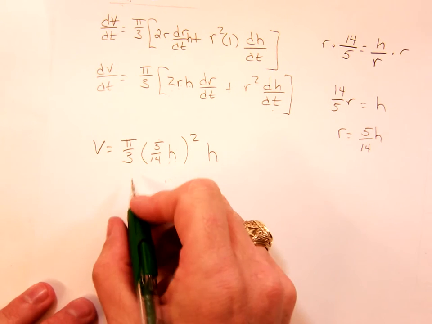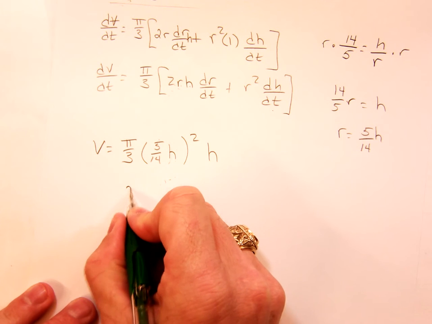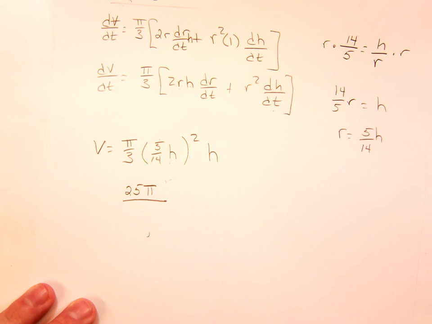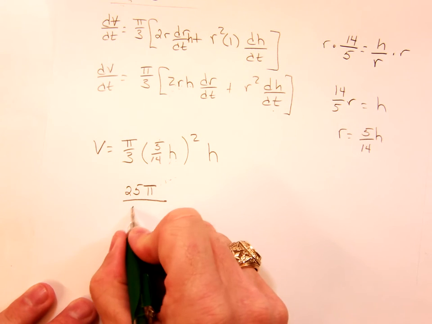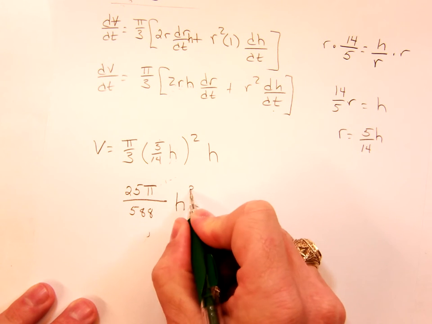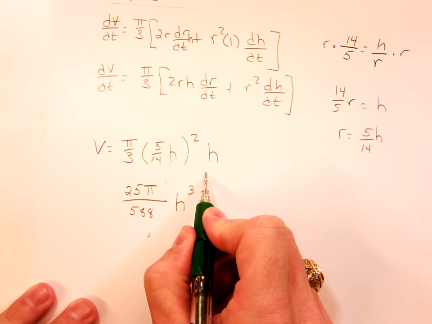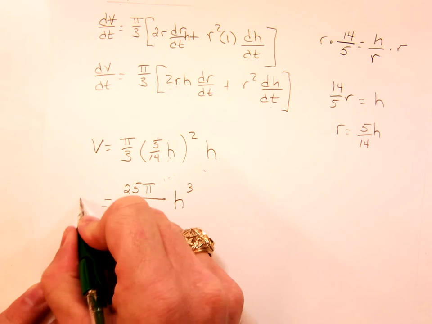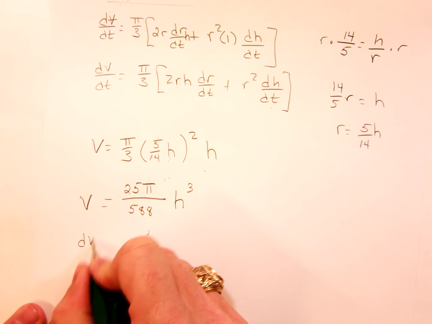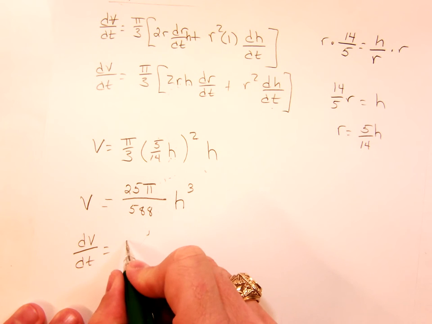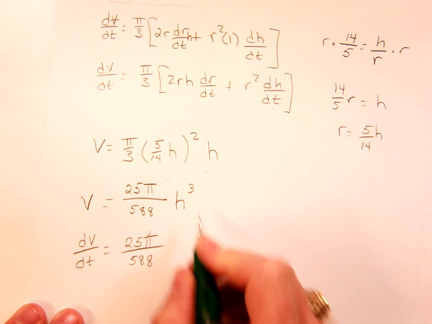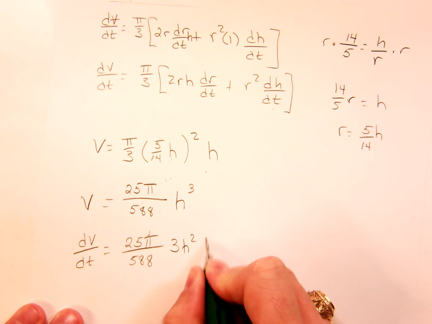Okay, so this is 25 pi over 14 squared is 196 times 3 is 588 times what? H squared times h is h cubed. Okay, now I'm going to take the derivative. And this turns into dV dt is equal to 25 pi over 588 times 3h squared dh dt.